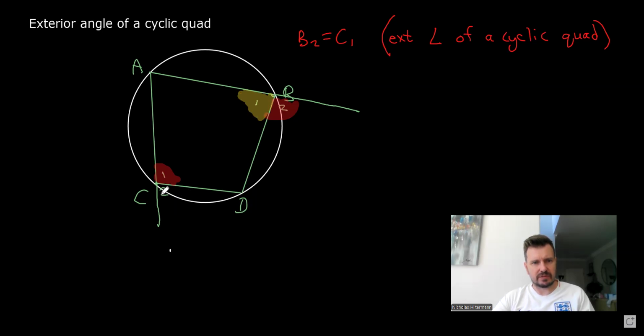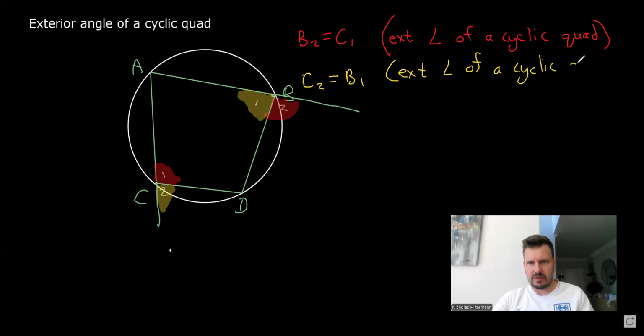That's going to be equal to C2, because C2 is the exterior angle. So I could see that C2 equals B1. Same reason, exterior angle of a cyclic quad.